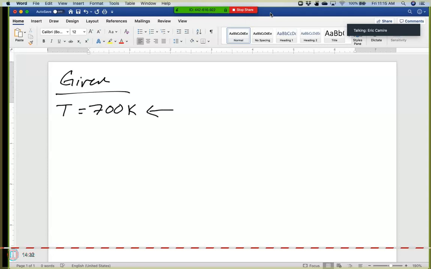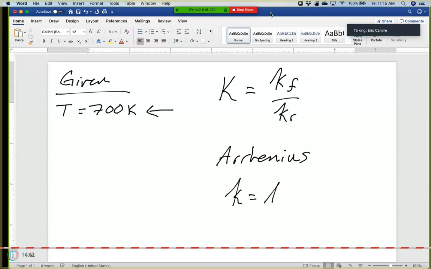Something like temperature. Why? Another definition for equilibrium constant we saw was K forward over K reverse, right? Talking about the equilibrium constants. And then because of the Arrhenius equation, we know that K is related to temperature.